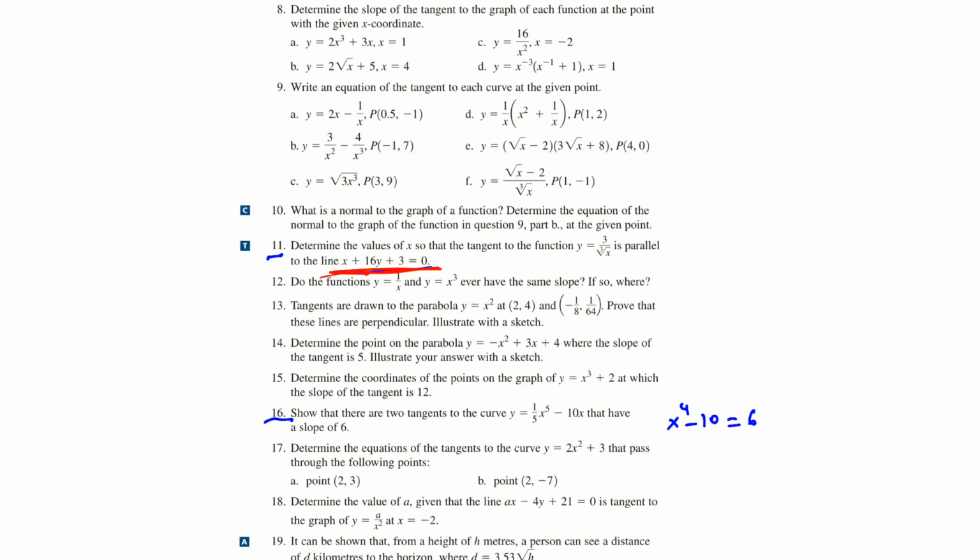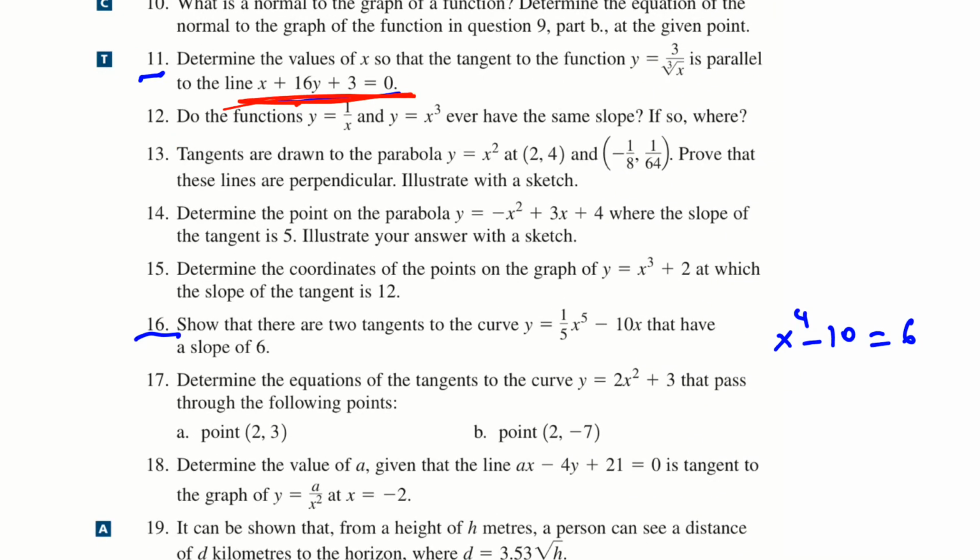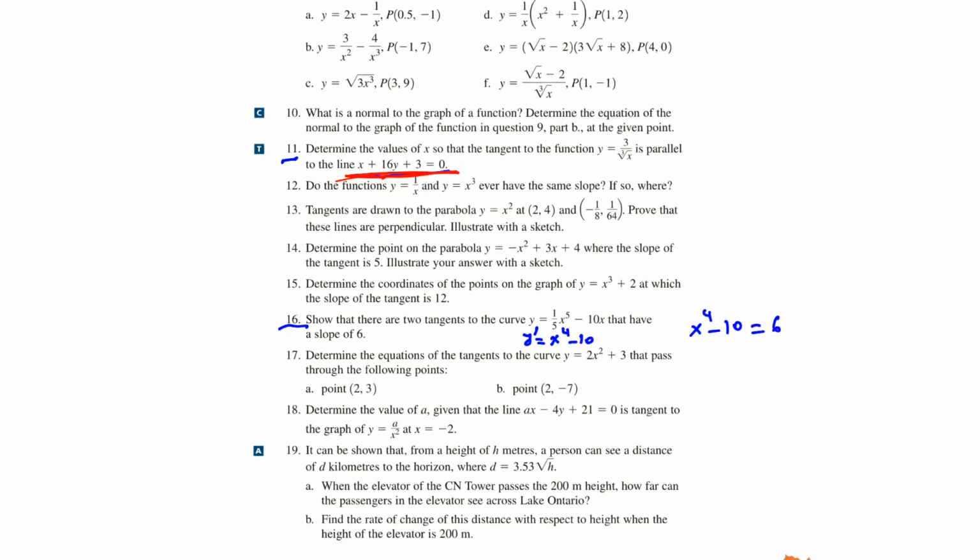Slope is 6, that means the derivative is 6. The derivative of the given function is y prime equals 5 times 1 over 5, 1, x to the power of 4 minus 10. We make x to the power of 4 minus 10 equals 6. x4 would be 16, x is plus or minus 2.